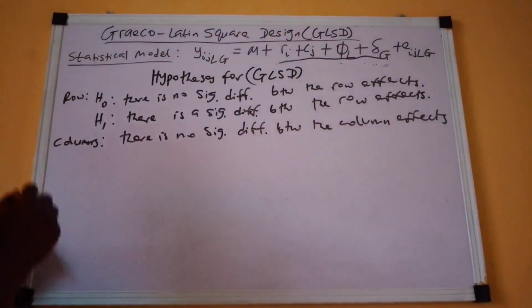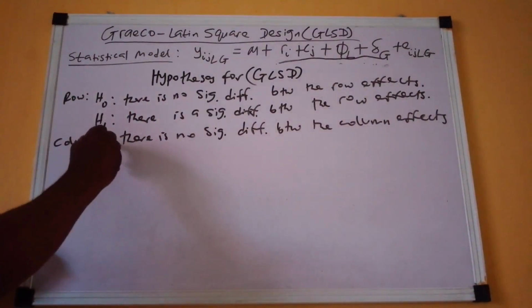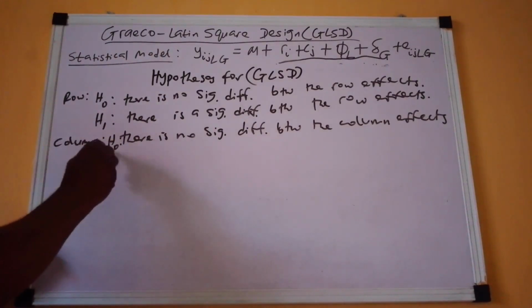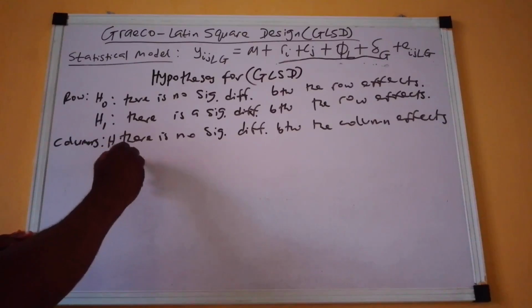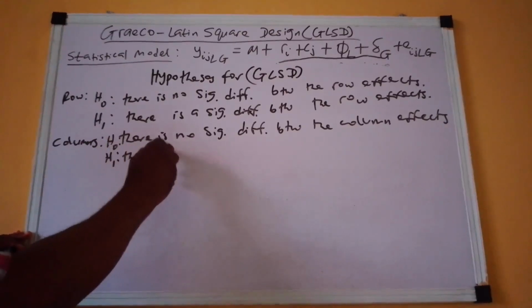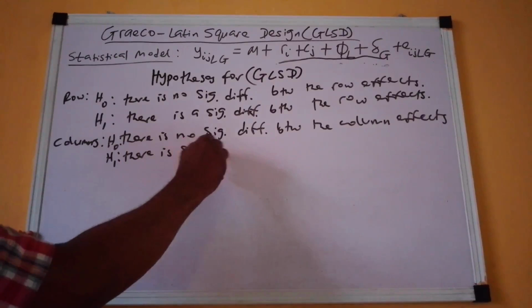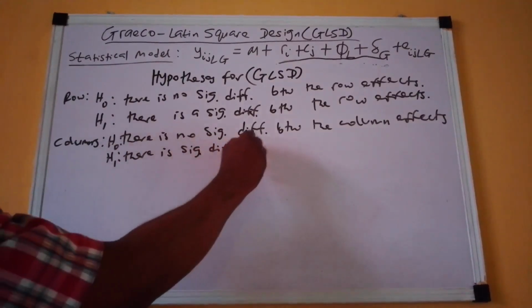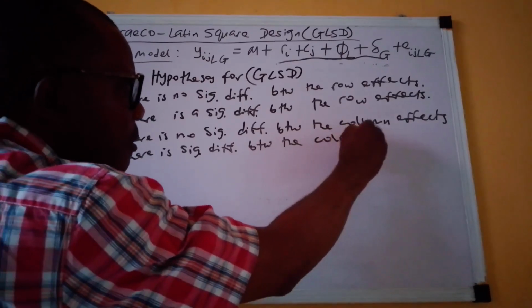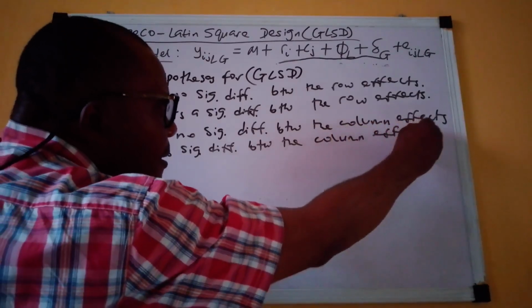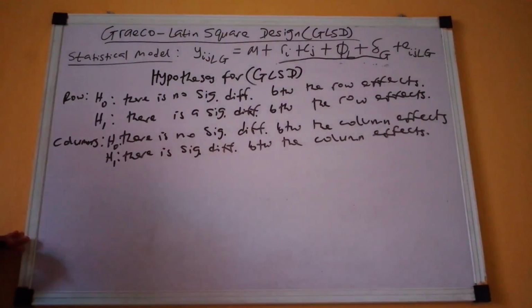Of course, the alternative hypothesis will always contradict the null hypothesis. This one will say there is significant difference between the column effects. That is what it does.